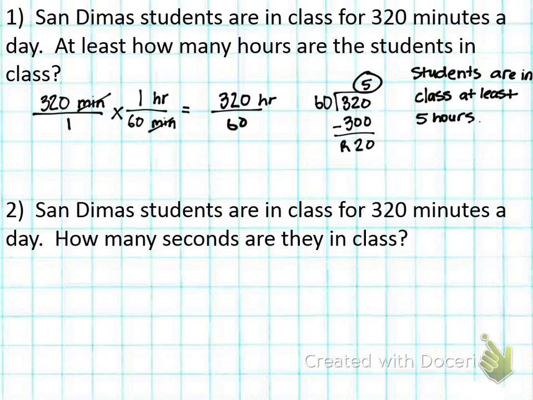There are 60 minutes for every 1 hour. Then I started to multiply and simplify. Minutes canceled out, hours was left, so I multiplied 320 times 1 is 320. 1 times 60 is 60. Then I know this is a division problem, so I did a side problem. I figured out 5 hours and 20 minutes is how long you're here for every day. Long time, right? So students are in class at least 5 hours, okay?